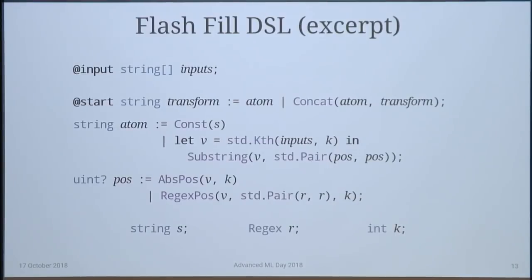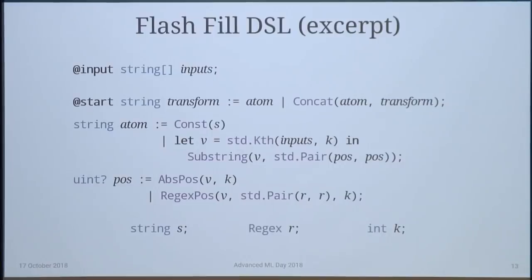And a single piece can be either a constant string or a substring of one of the inputs based on two positions. And each of these positions is either an absolute position in a string based on an index or a regular expression-based position in a string based on a pair of regular expressions surrounding it. And you can design these, stick more and more operators like that. It's only your imagination, essentially. That's literally what you would write, a context-free grammar of a small language. And if you make it expressive enough to cover the tasks, that will be sufficient.